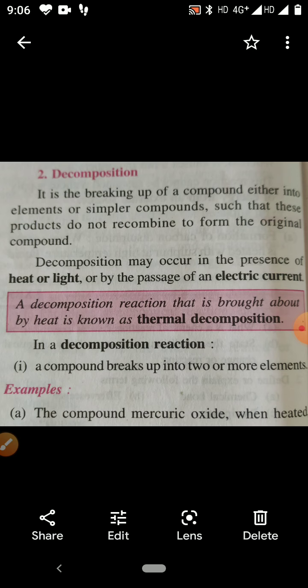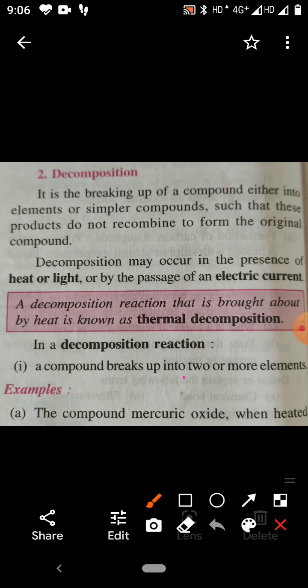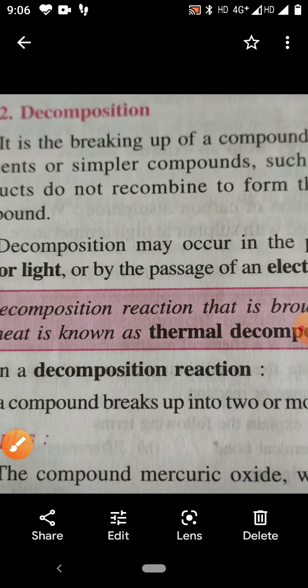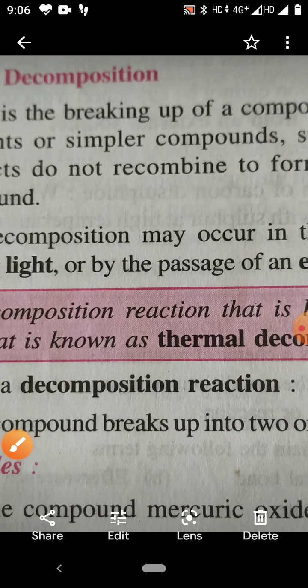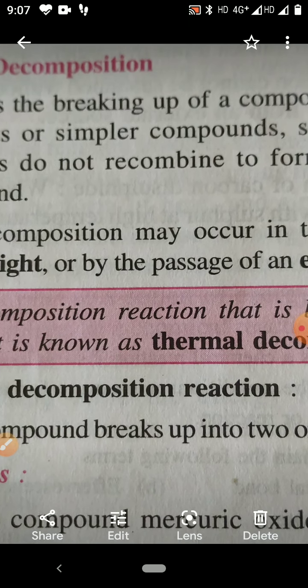In what type of substances is it going to break? On the basis of that, we can say there are three types of decomposition reaction. First one is that a compound is going to break into elements.